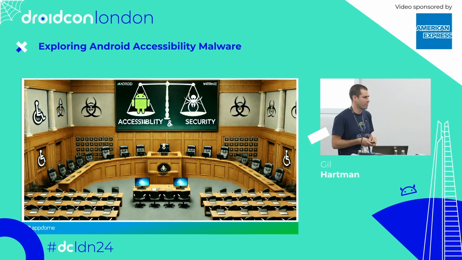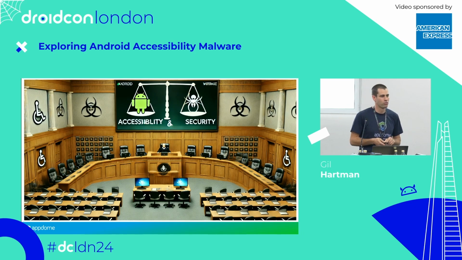But on the other hand, I have these malwares, and I want to make sure they don't misuse this trust. They don't misuse these powerful tools that Android is giving me. And it's a lot for one developer to decide.